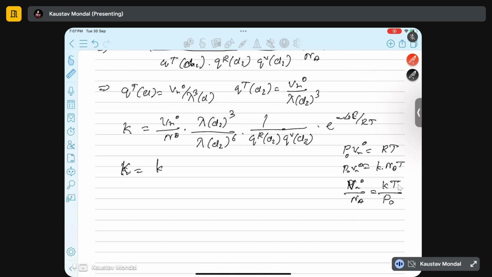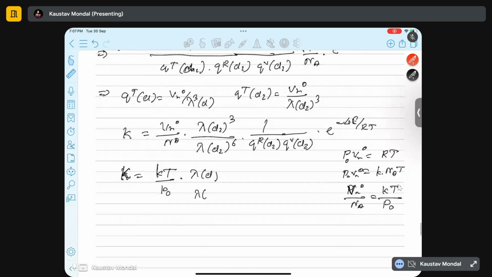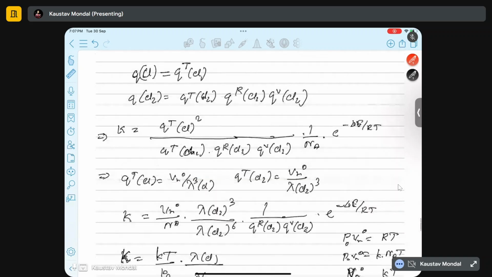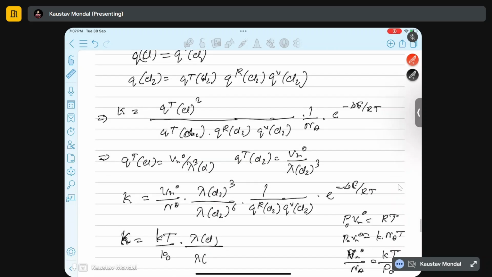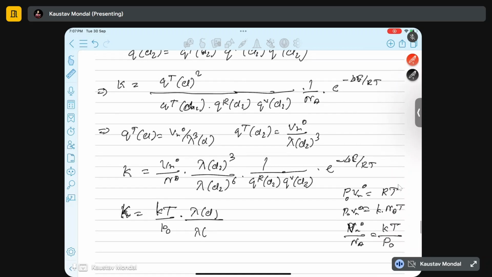This is the equilibrium constant K, this k is the Boltzmann constant. kT by P0 into lambda CL2 whole cube by lambda, sorry, this is CL.